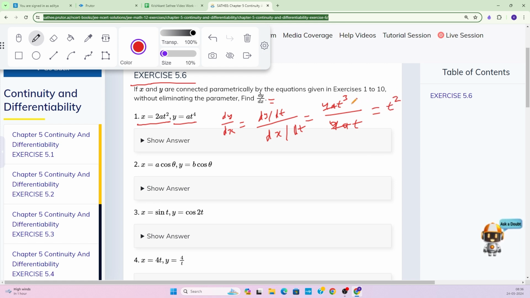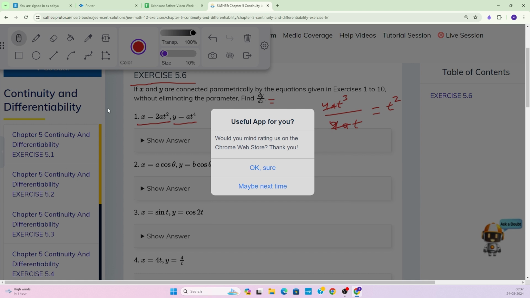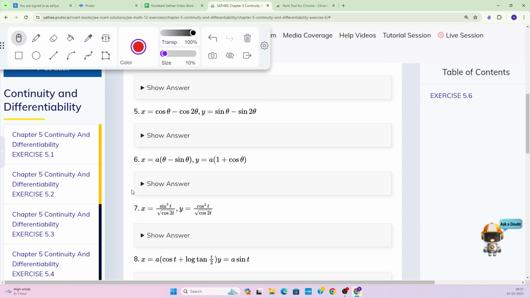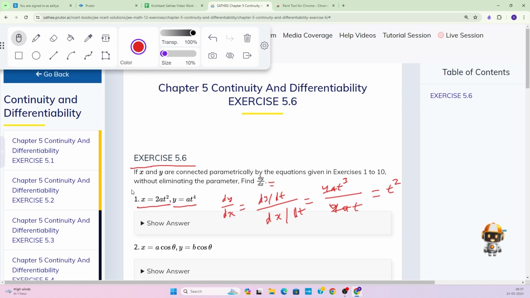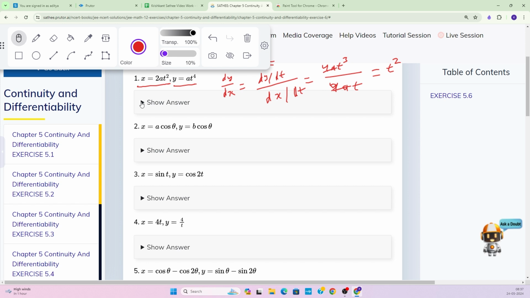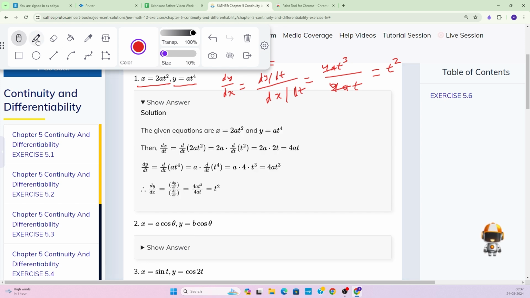So your final answer for this will be t square. Now let's see the solution. As you can see, t square is the correct answer.